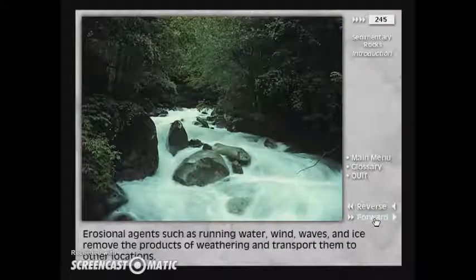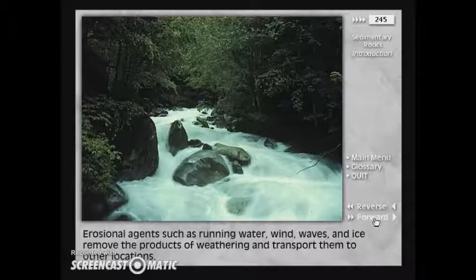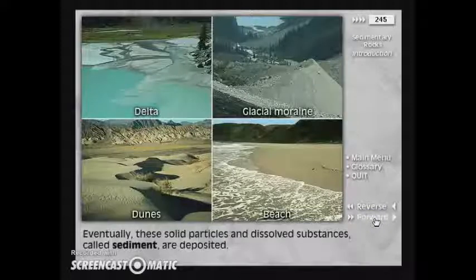Erosional agents such as running water, wind, waves, and ice remove the products of weathering and transport them to other locations. Eventually, these solid particles and dissolved substances, called sediment, are deposited.